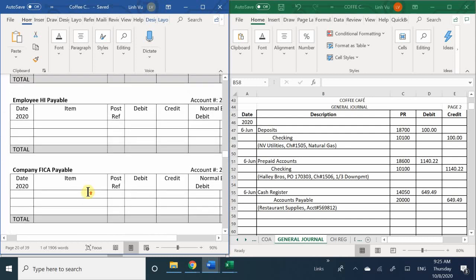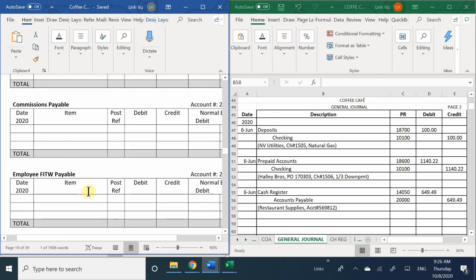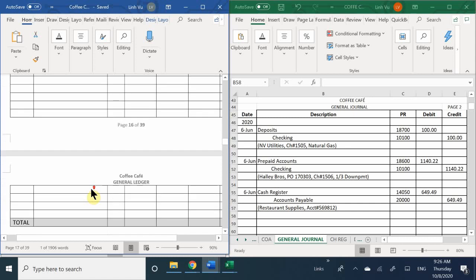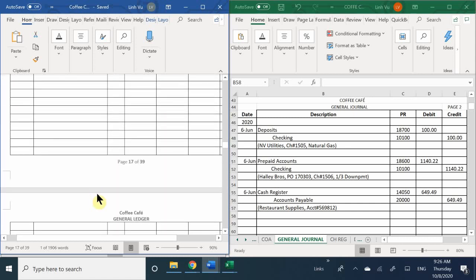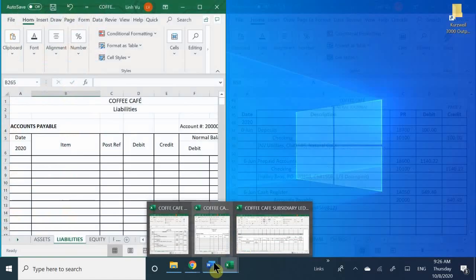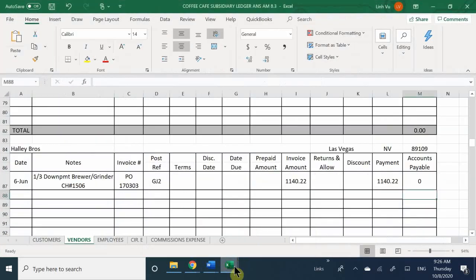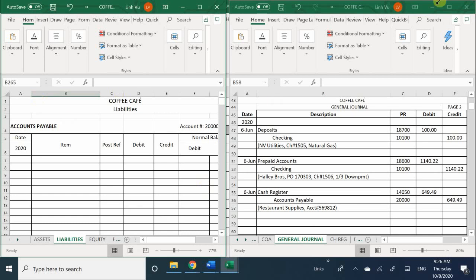This one. For accounts payable, it should be on page right here. It is on page 17. Okay. So here, I'm going to go back to my ledger. So accounts payable, right?